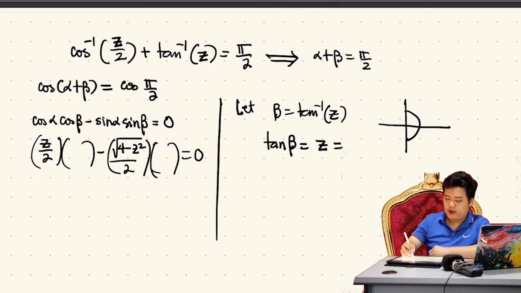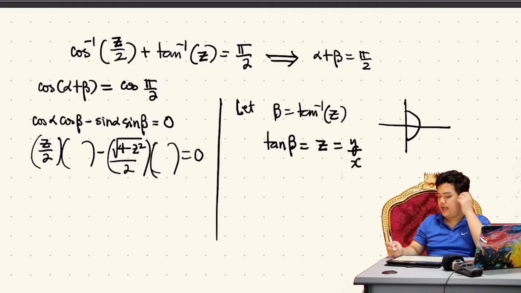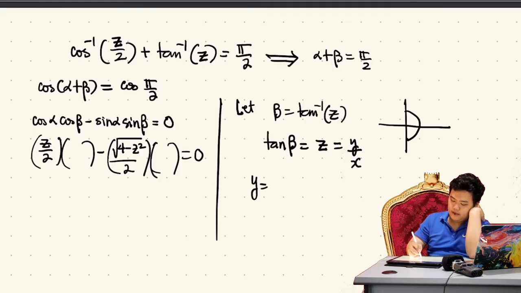So, this is y over x. Okay, so y is z. May over 1 yan, diba? And x is 1. Nagme-make sense na x is 1 kasi positive ang x dito. Tangent beta is z. So, yung x mo dapat ay positive.